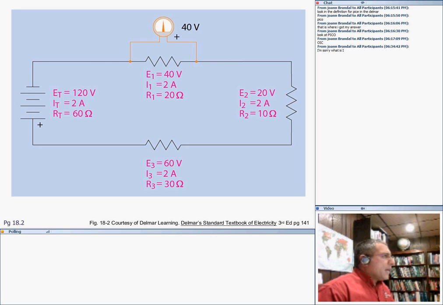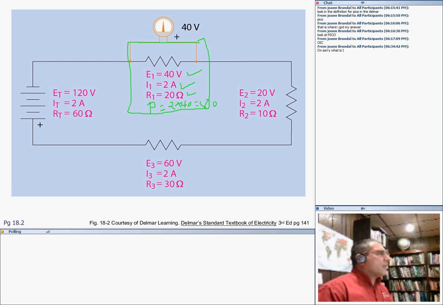This resistor must have a voltage, must have a current, must have a resistance value, and also must have a power value. In this case, guys, the power equals the current 2 times 40, right? You guys know 40? The volt times the current, and then equals 80.